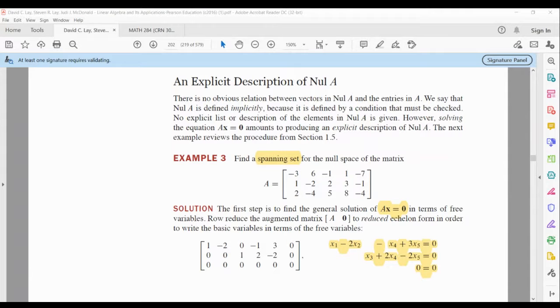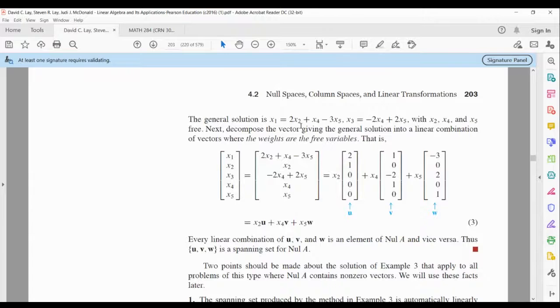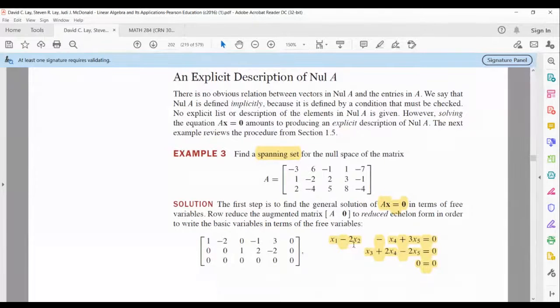The solution vector x is going to be in the null space of the matrix A. Based on the reduced system of equations on the bottom right, what are your free variables? How many free variables are there?